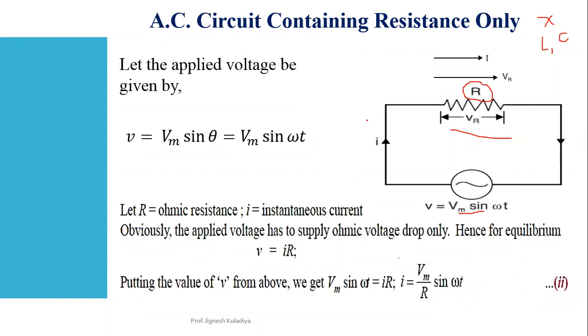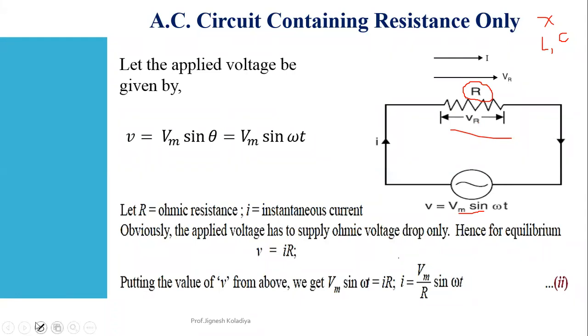So as a result of this voltage, an alternating current will flow in the circuit, and this applied voltage has to overcome the voltage drop in the resistance, whatever drop occurs across this resistance.